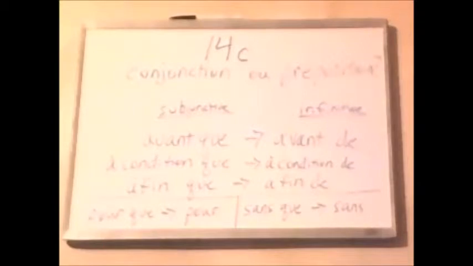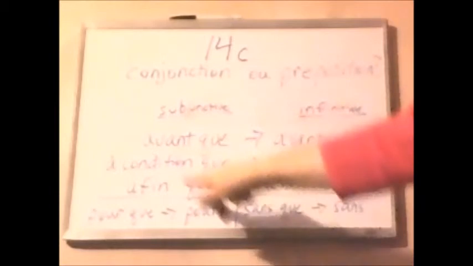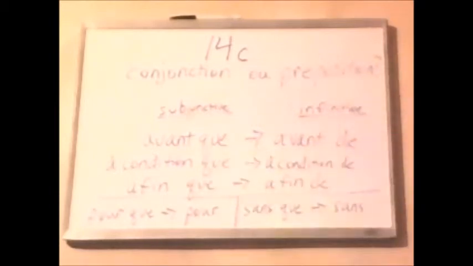Okay, so if you look at your textbook, it will show you some examples of how they're going to change from using the subjunctive into using the prepositions and the infinitives. One thing that is very important to note is that to do this, the subject of the initial clause and the subject of the subjunctive clause has to be the same.